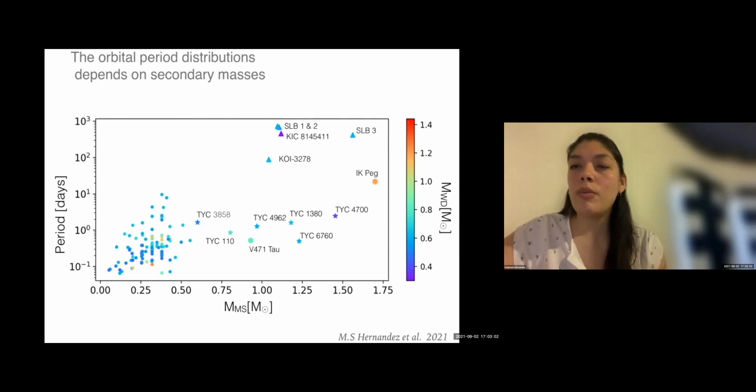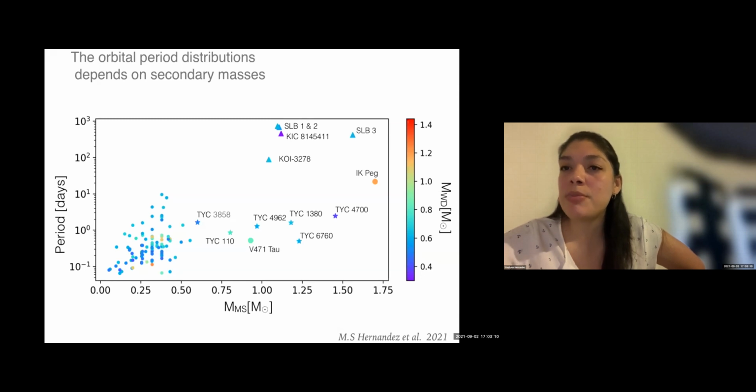Yeah. Well, what we mean here is that the evolution of these short orbital period systems can be explained with the same unbinding alpha as the post-common envelope binaries with M dwarf main sequence stars.